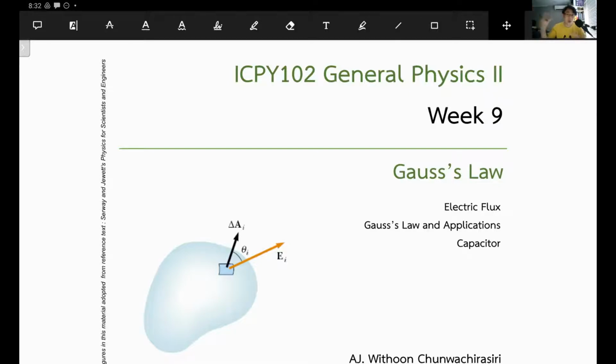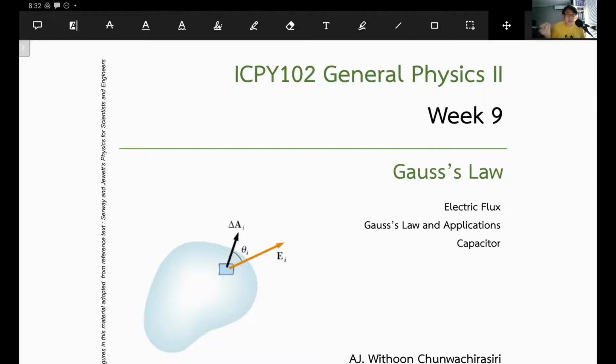So we sort of know that around any charge there will be some sort of field coming out of it if it's a positive charge, and a field pointing towards it if it's a negative charge, right? But what we are trying to learn today is that there is a connection between the density or the strength of that field and the size of the charge.